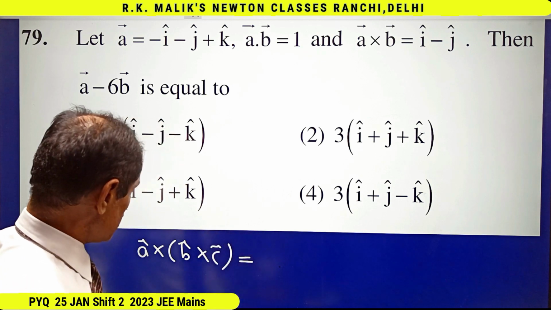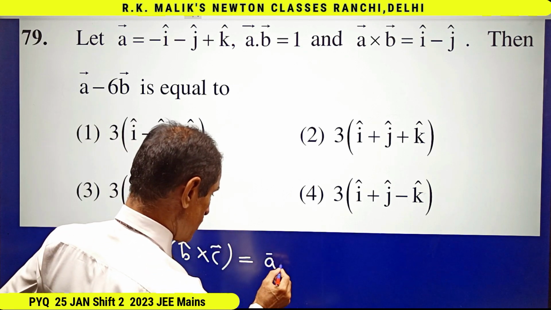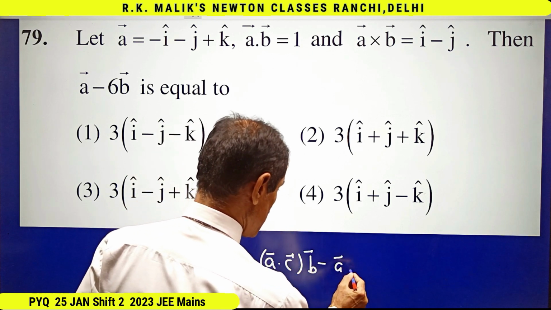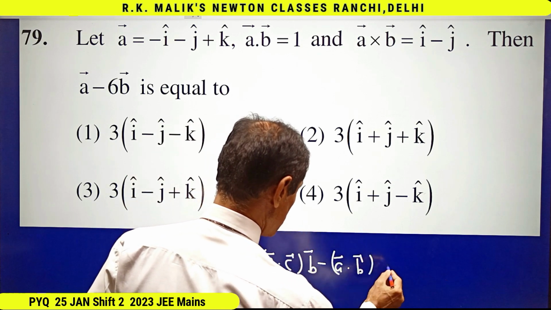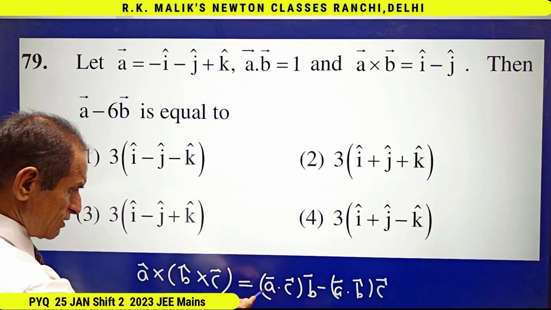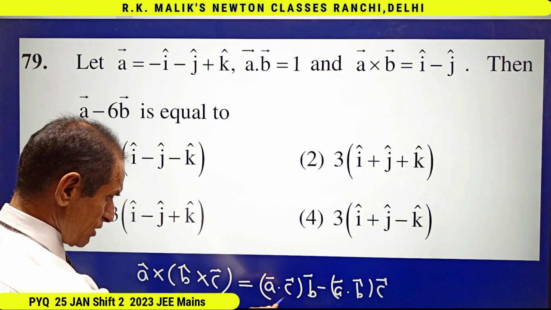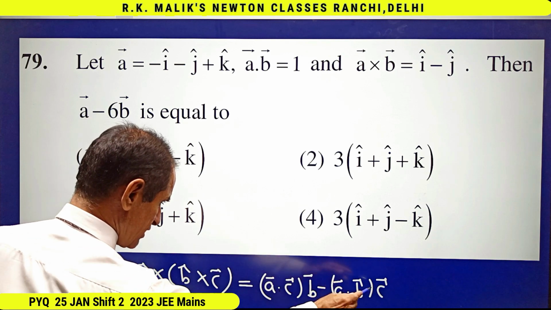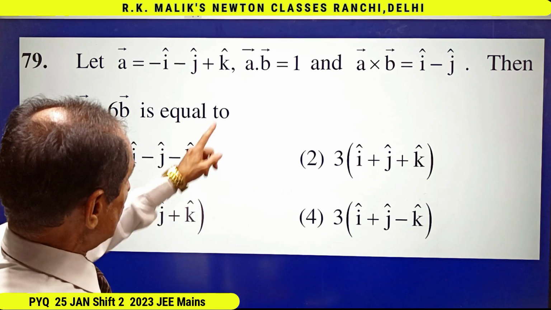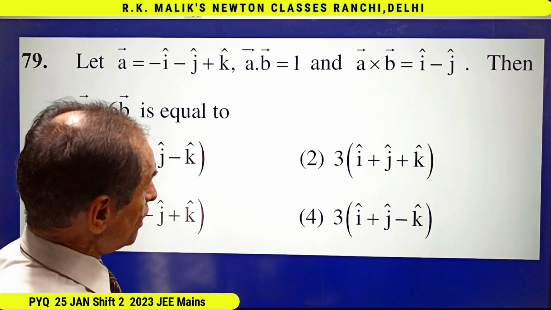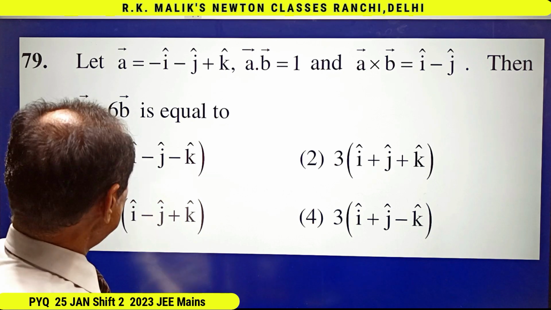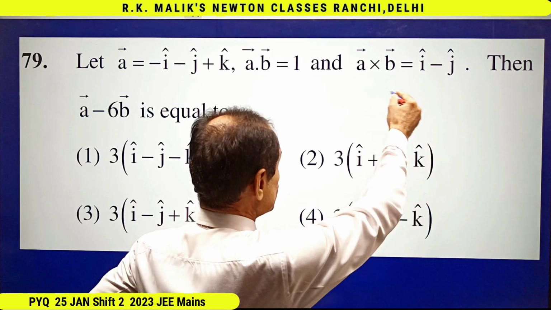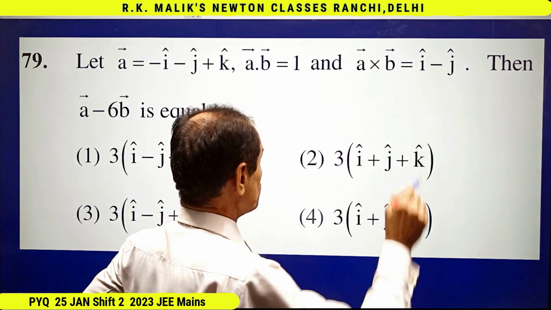This is always equal to A dot C into B minus A dot B into C. That is first dot third into second minus first dot second into third. As A dot B is already known to me and vector A is also known to me, I take cross product with vector A on both sides.